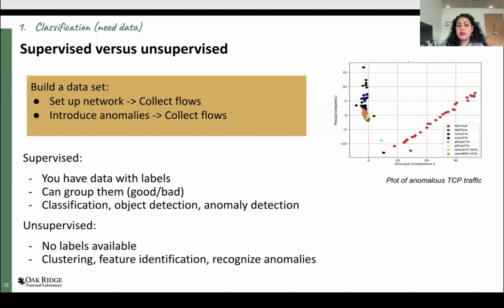Then you start digging into the features of each of those clusters, and you can recognize, oh, this cluster has all good flows, and these are the clusters with the bad flows. So in the second case, you actually start with no labels, so you don't know what is happening at the time and how those data sets are being clustered. So unsupervised is actually a very powerful technique to identify certain things which you don't know when you start.